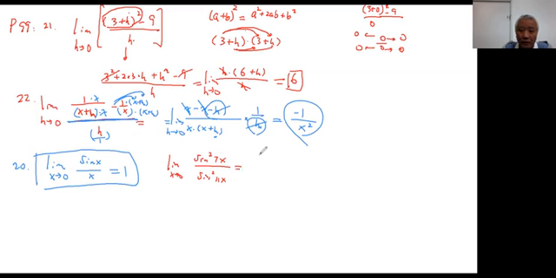You change it to sine 7x, you divide it by 7x, and times by 7x, like this. Of course, this one is going to be squared. All of them are under squared right now.